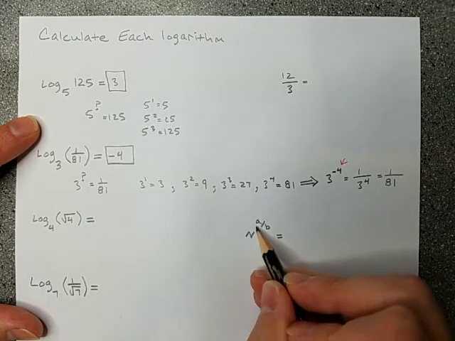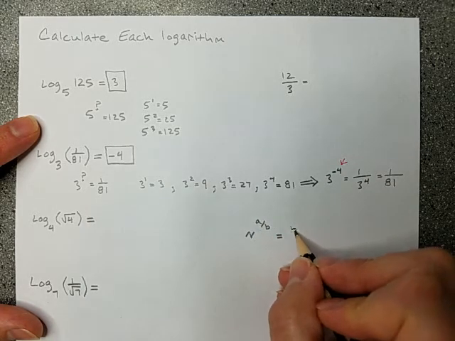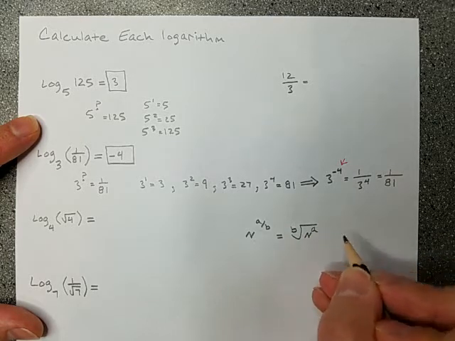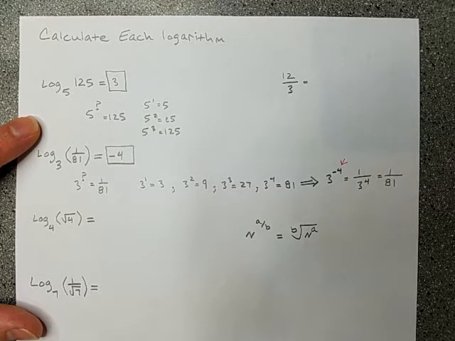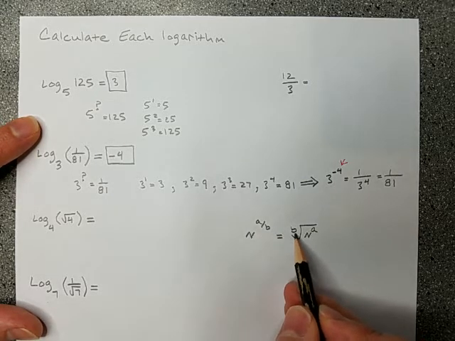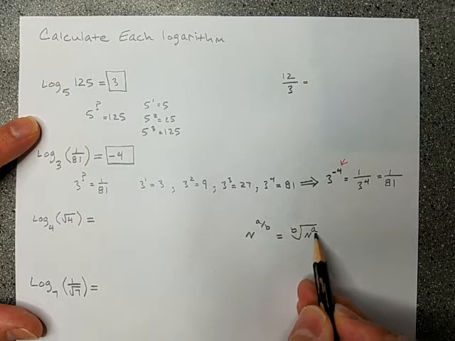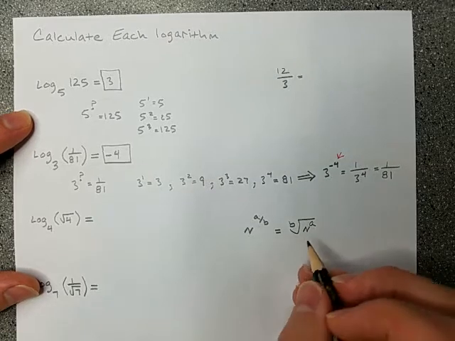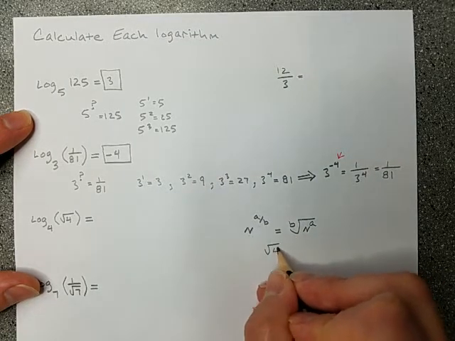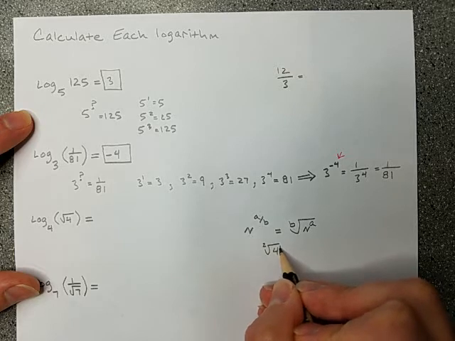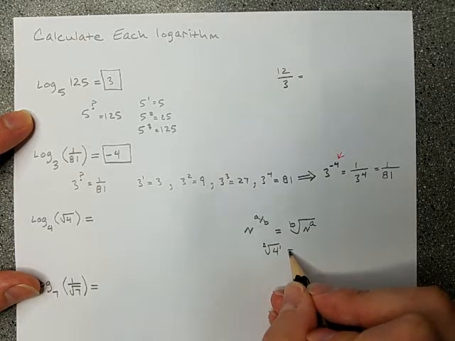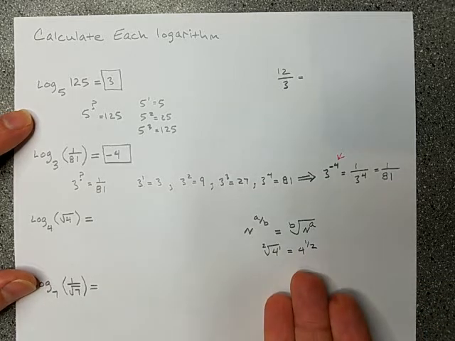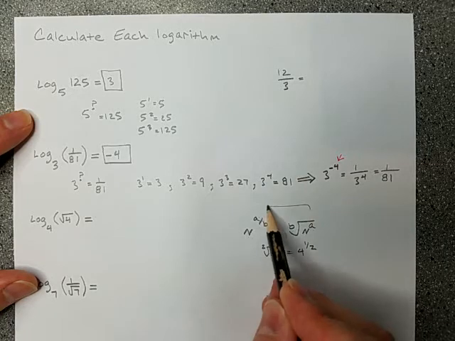The number n to the fraction power a over b is the bth root of n to the a power. So that bottom number is the root, and the top number is the power applied to that original number n, whatever it is. So I could look at the square root of 4 like this. That's the square root of 4 to the first power. So as an exponent, that's 4, and the power is the fraction 1 over 2. Now, that's just a quick little review right there.